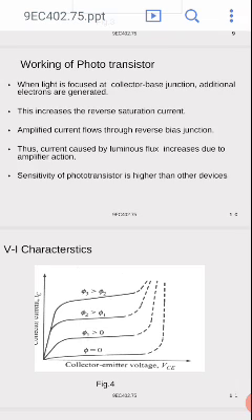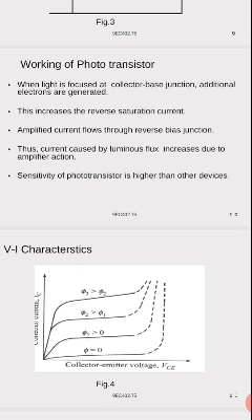The VI characteristics of phototransistor is same as BJT. It is same as common emitter configuration output characteristics.